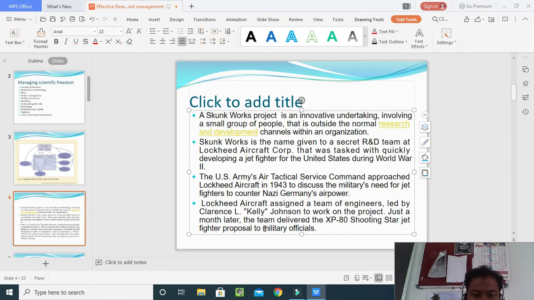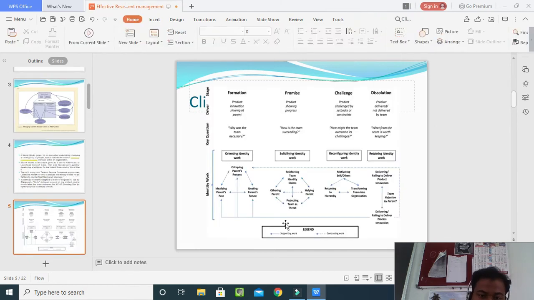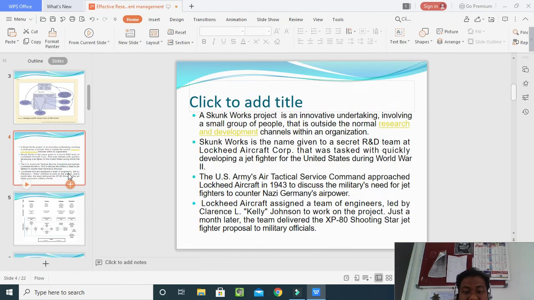Just a month later, the team delivered the XP-80 Shooting Star jet fighter proposal to military officers. So America utilized this through the US Army's tactical service in World War II against the Germans.